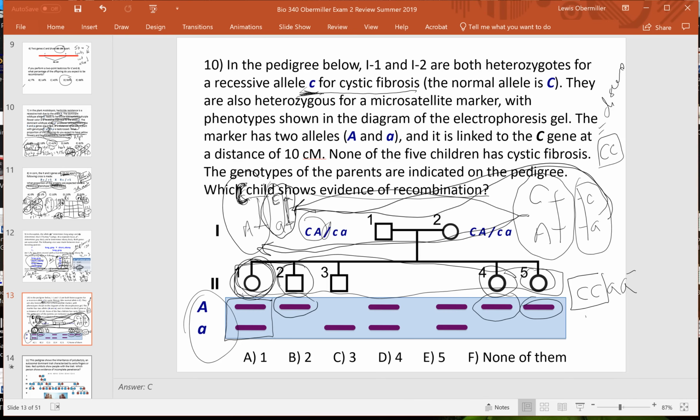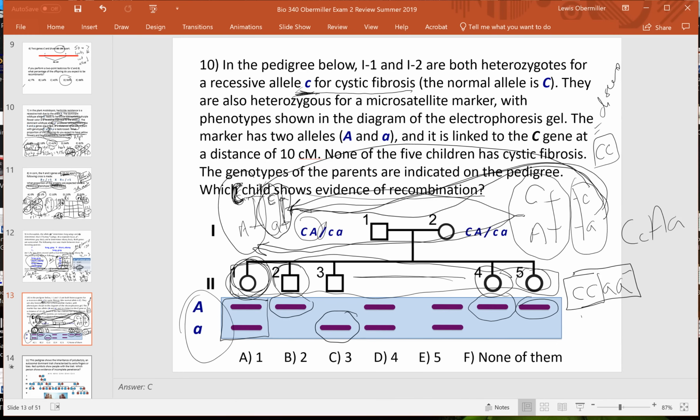So none of these children have cystic fibrosis, but this child here has little a, which is weird because that's the only way that you could get little a, because if this fertilized this, then you'd get big C, big A, little a.